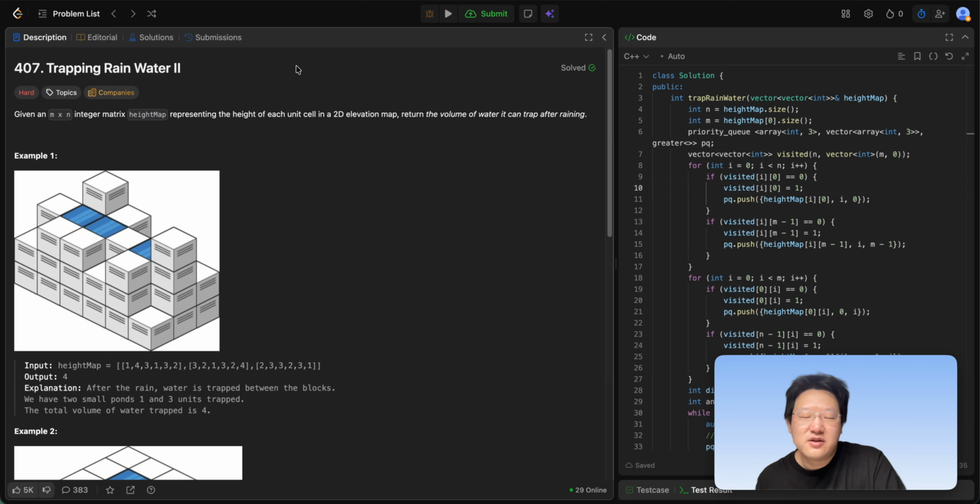The problem is that the jump from 1D to 2D makes it way harder. You can't just use a stack or two pointers anymore. You need a completely different strategy.